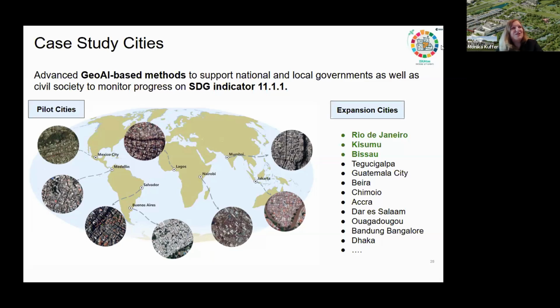I made a literature review some years ago, and I found that almost 50% of the Earth observation studies mapping deprivation, slums, informal settlements always work with 2 cities, Nairobi and Mumbai, because they have relatively easy, distinct morphologies, and data are available or more easily available. While you have more complex to map cities, for example, Buenos Aires.